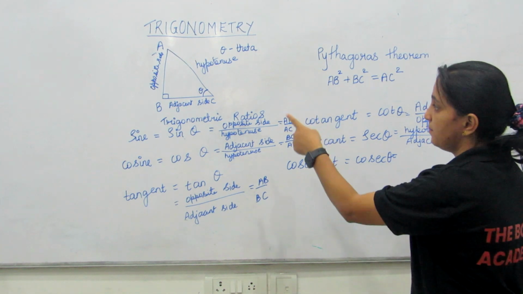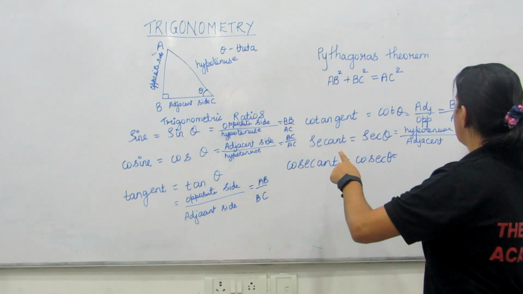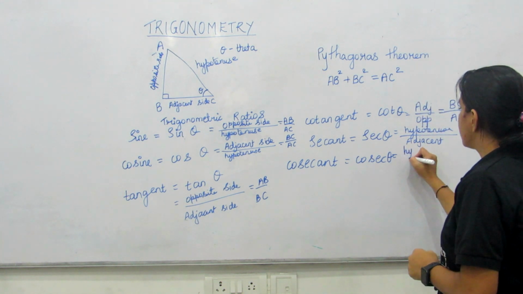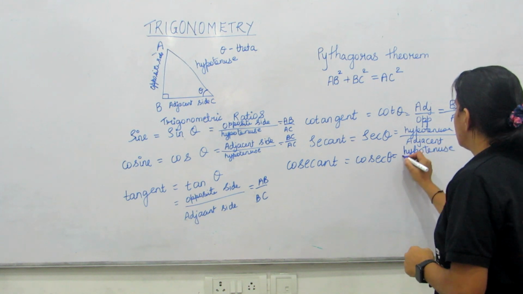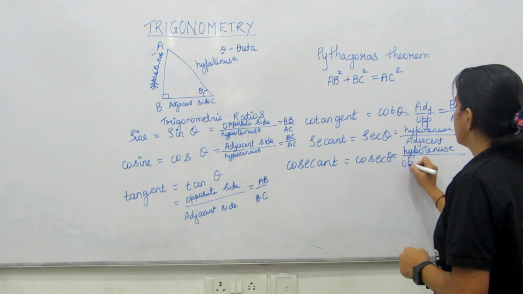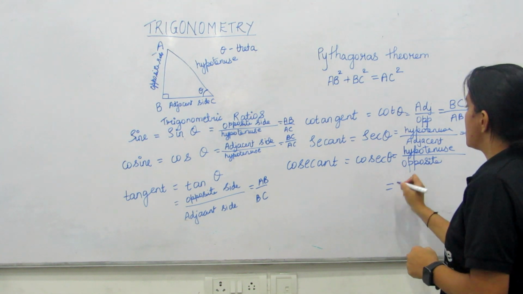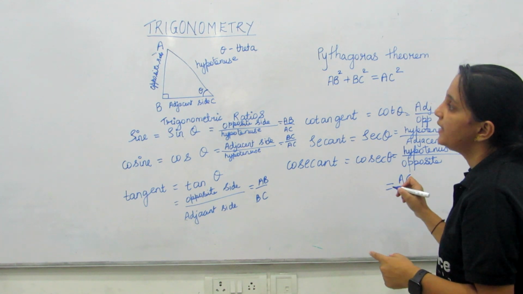Hypotenuse is AC upon adjacent is BC. Cosec theta is given by hypotenuse upon opposite side. Hypotenuse is AC and opposite side is AB.